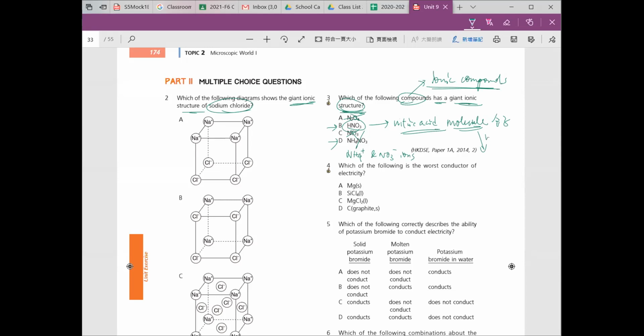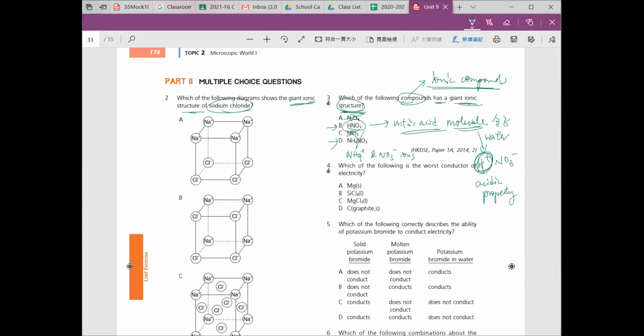Once I dissolve it in water, the nitric acid molecules will give out ions. Because of that, it shows acidic property.